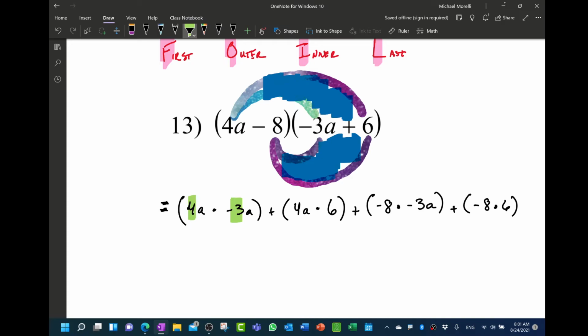Well, the product rule says, remember, that there is a 1 here. The product rule says if your bases are the same, like a, you add the exponents. So 1 plus 1 is 2. So a times a is a squared. So we're going to write negative 12a squared.